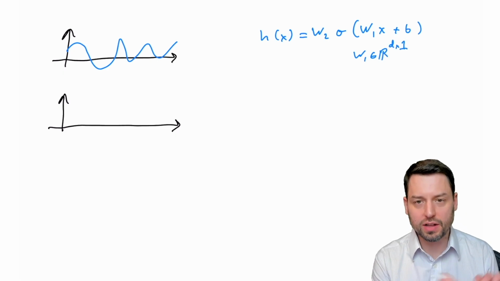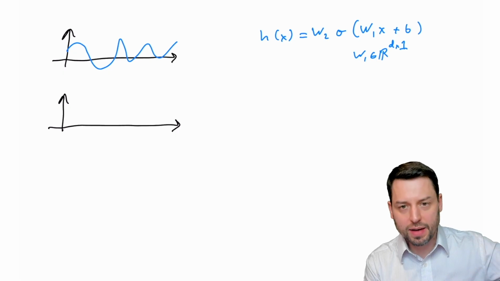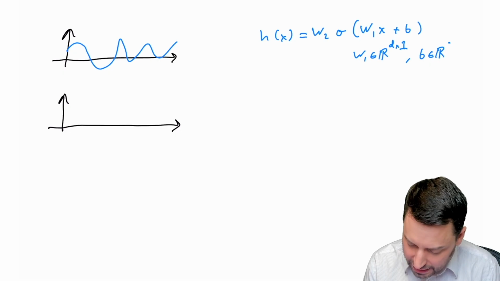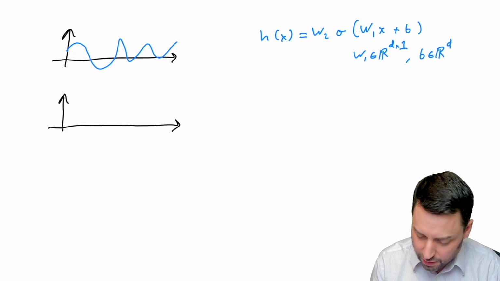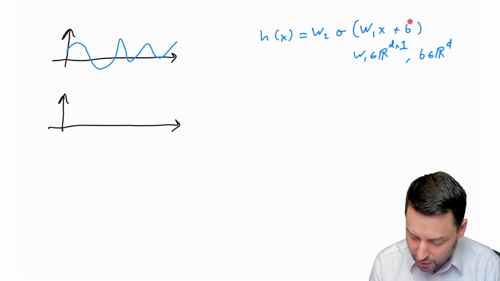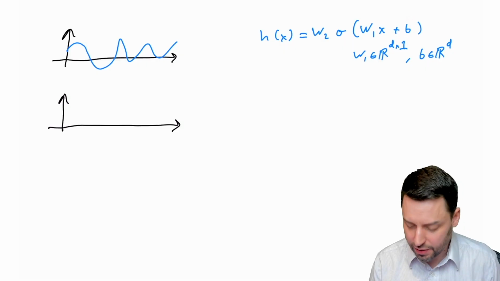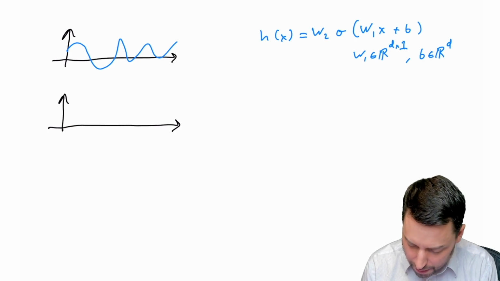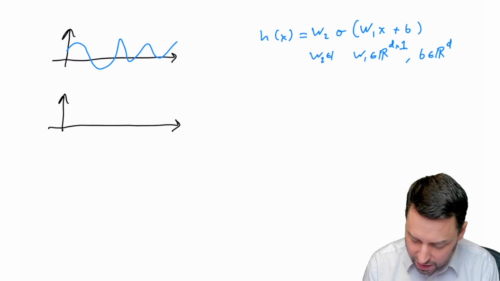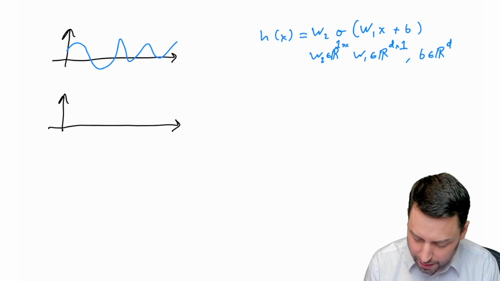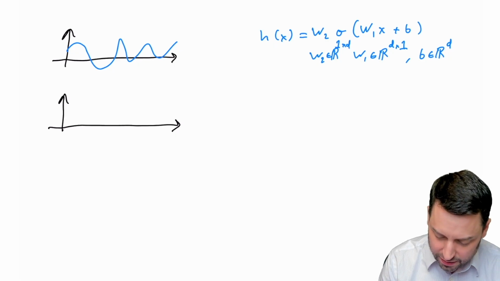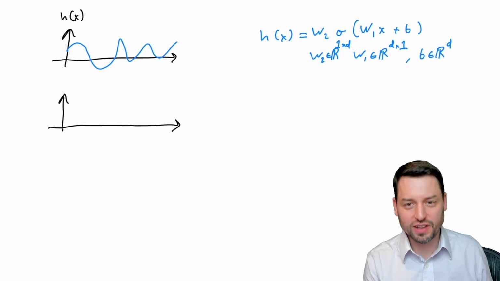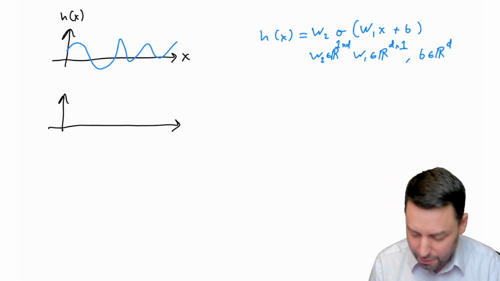It takes a one-dimensional input and maps to some d-dimensional vector. b here would be a vector in R^d, because I want to add some term to that, so that also has to be a vector in R^d. And then this term here is going to be a matrix, which is going to be the output dimension, which is just 1, times d. So again, this is my output here. I, in fact, have, in this case, just a single-dimensional output, and this is my input x.